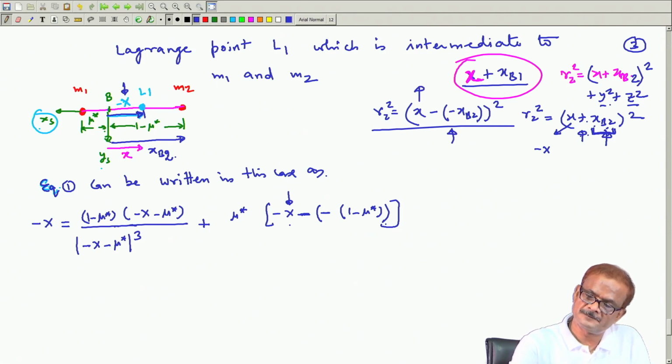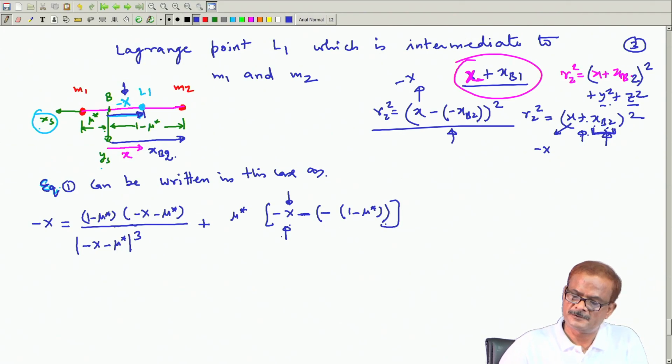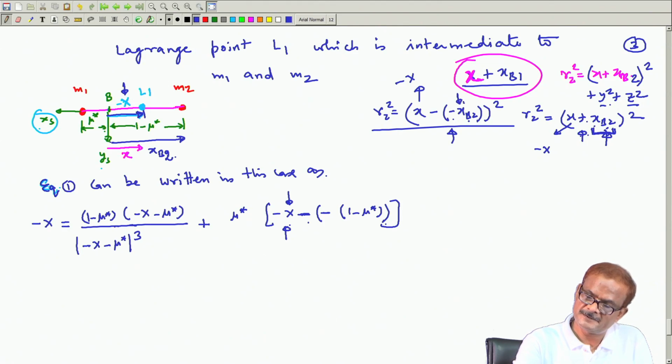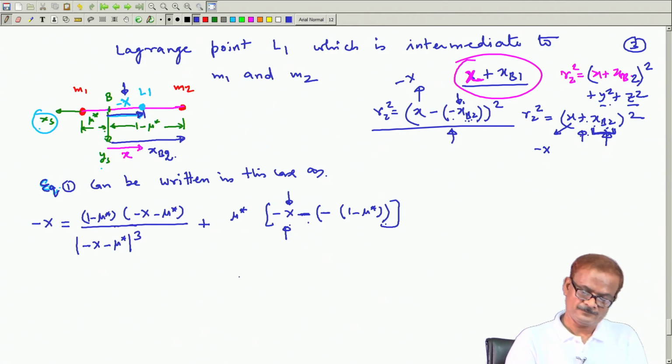So, this x we are replacing with minus x, which is appearing here in this point, okay. And thereafter this is minus and then minus x b 2. Okay. Here once we are writing here in this way, we are ensuring that this x b 2 is appearing as a positive quantity once we have written that way.